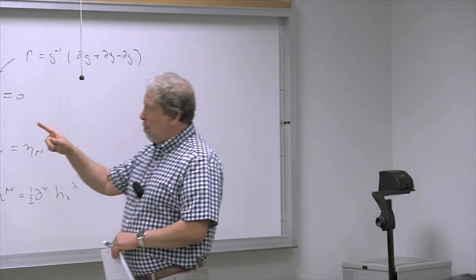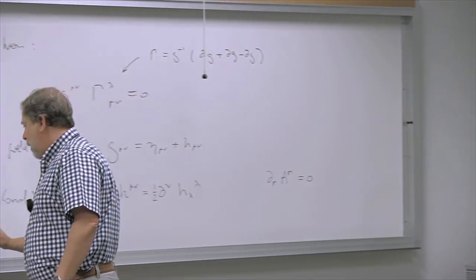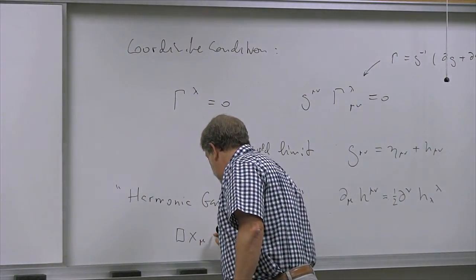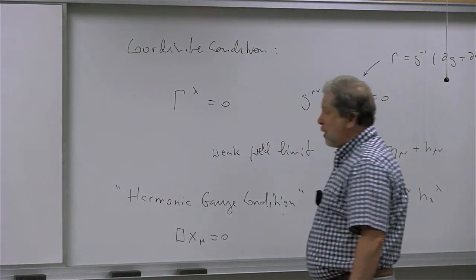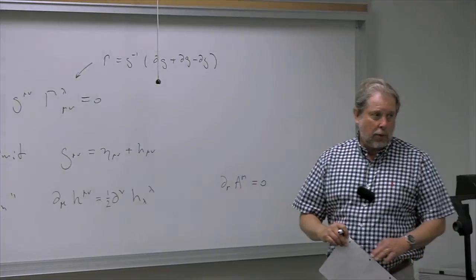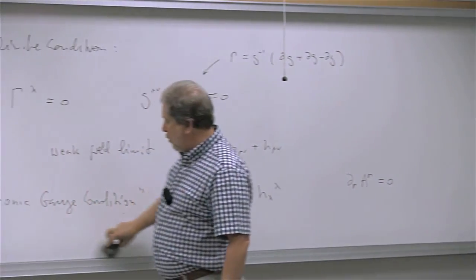And by a little bit of algebra, you can actually show that in this coordinate system, you have that box x mu is equal to 0. So the coordinates satisfy the wave equation, therefore harmonic. So that is why it's called a harmonic gauge condition.